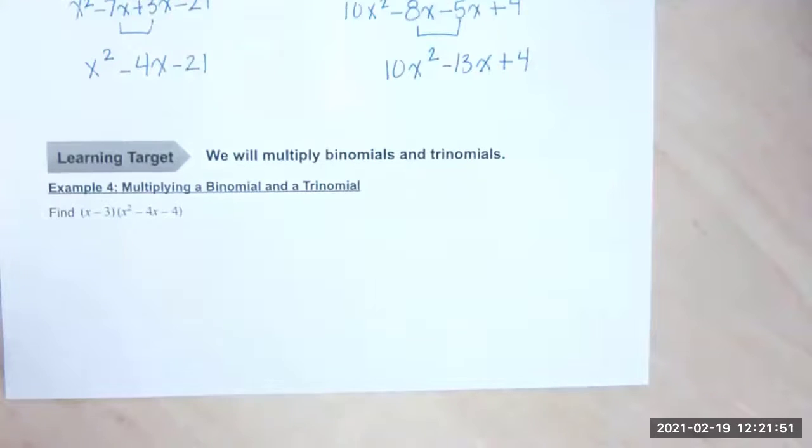Now, there's a few ways you can do this one as well. As a matter of fact, there are 3. We can distribute, we can make a table, or we can line it up like we did and use the distributive property. So I'm going to show you how to do this one using the vertical method here.